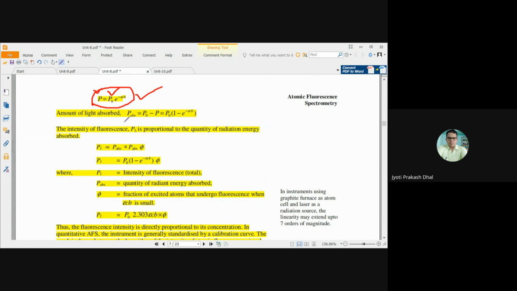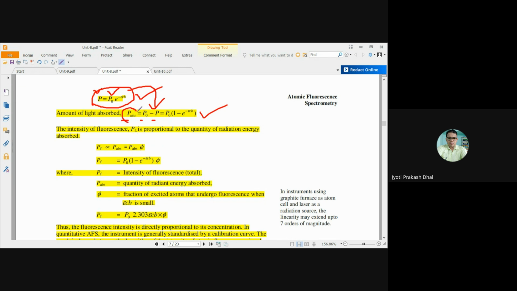The intensity of the absorbed light, P_abs, equals P0 minus P. Putting in the value of P, P_abs equals P0 minus P0 times e to the power minus epsilon Cb, which equals P0 times (1 minus e to the power minus epsilon Cb).